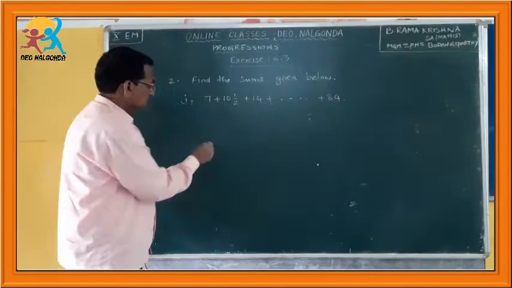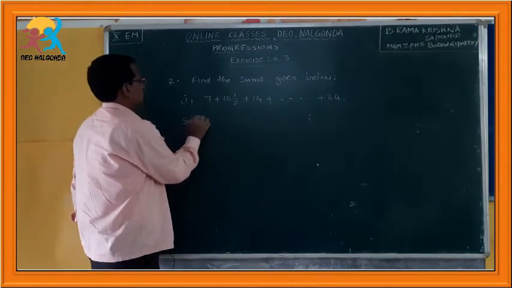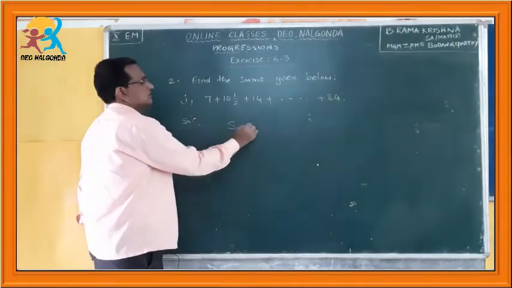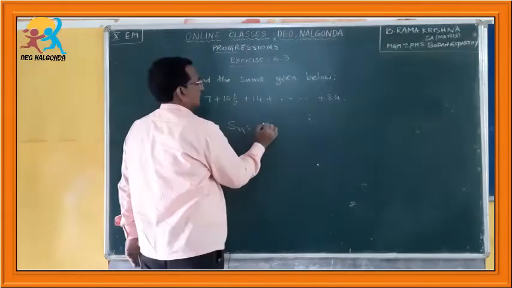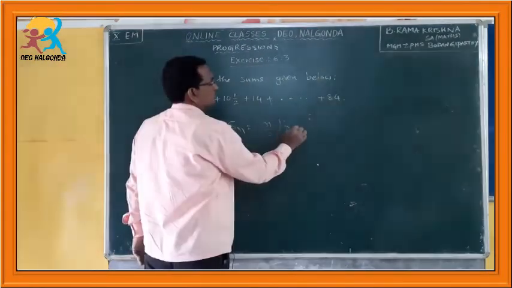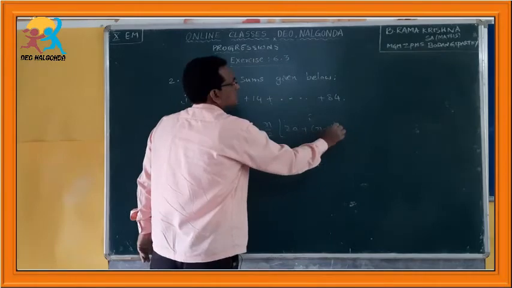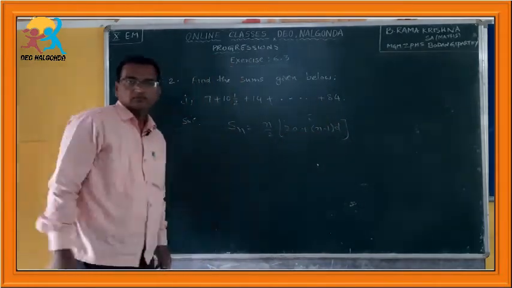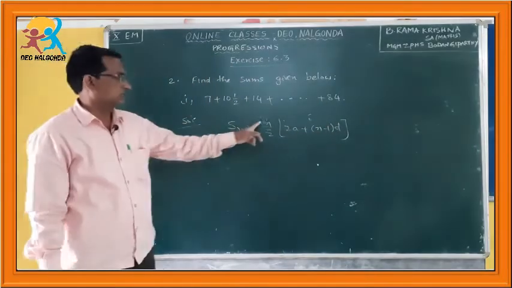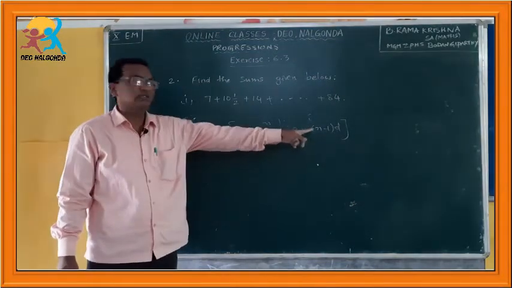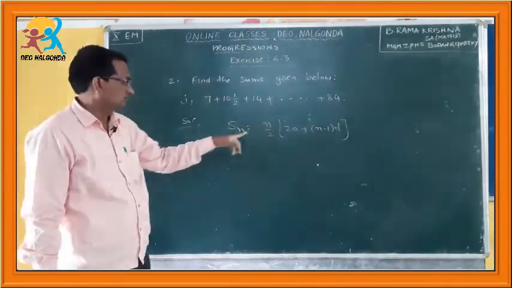Now, what is the sum to n terms formula? Sn is equal to n by 2 into 2a plus n minus 1 into d. Okay. What is Sn?